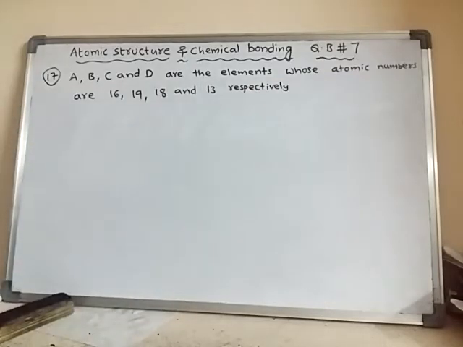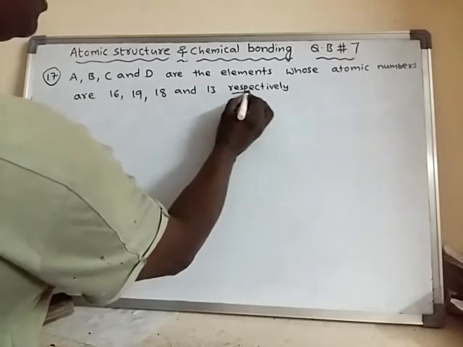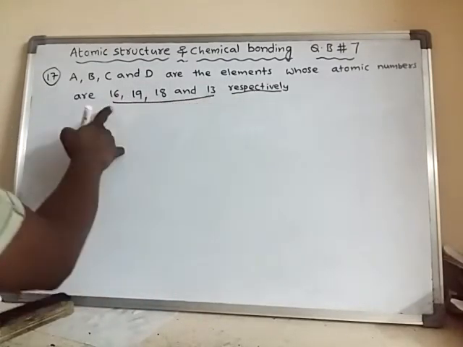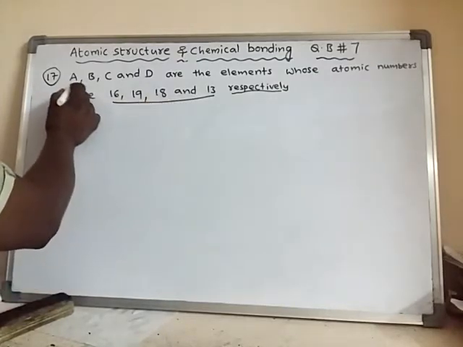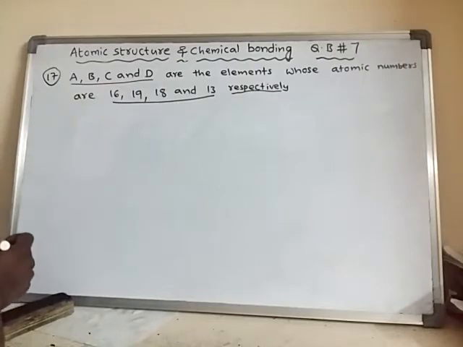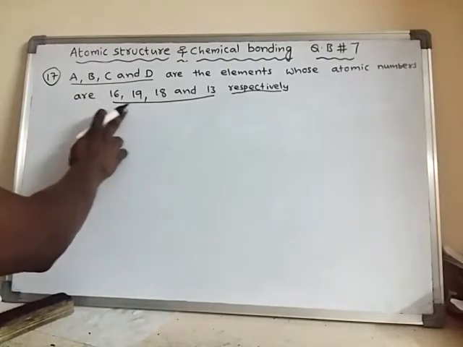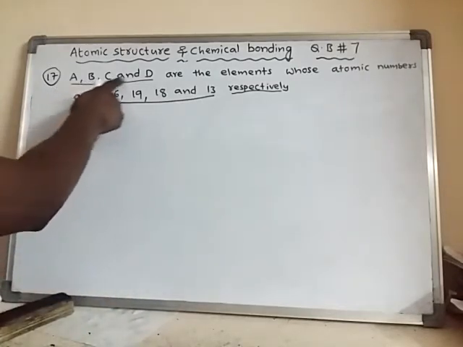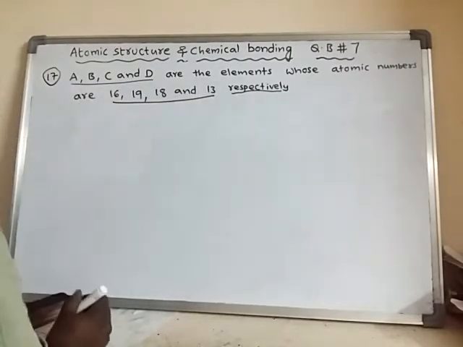See why the word respectively is used here. Respectively indicates the order of these numbers, which is the order of these elements. When one order of numbers follows another order, we use the word respectively.